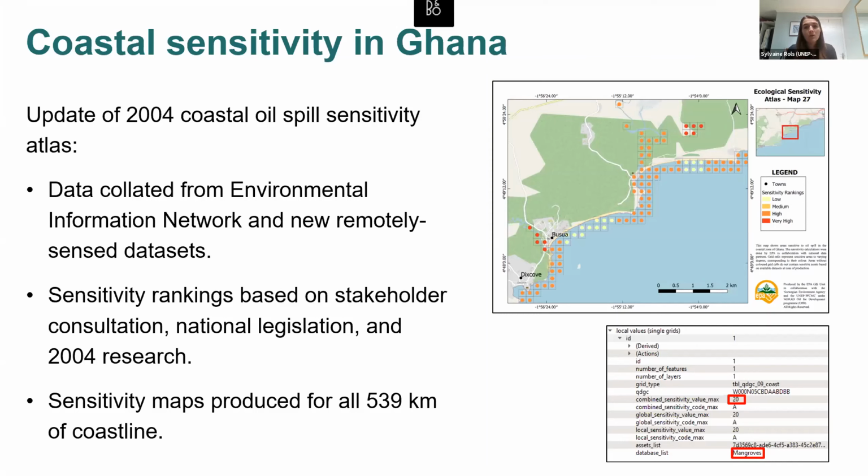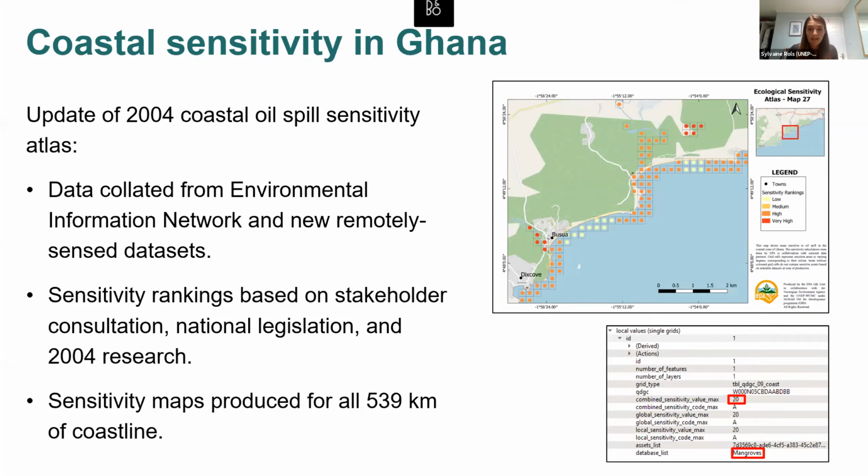Additional data collection was first required, and that was carried out by EPA through the Environmental Information Network in Ghana to access data from other agencies and other ministries, as well as through the generation of new data sets using remote sensing that was carried out by UNEP-WCMC, including to have an updated distribution of the coastal lagoons.